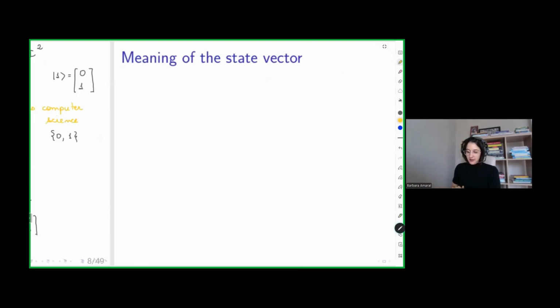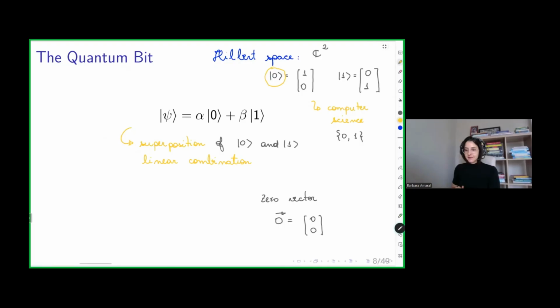Okay. I have a question, but it's not a doubt, it's just a question. So alpha and beta can be any complex number, but they are the product of the complex C2 space with something, right? I didn't understand where the 2 comes from. The 2 comes from the two elements of the vector.